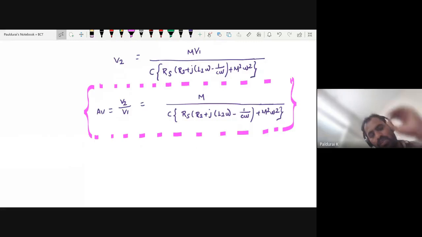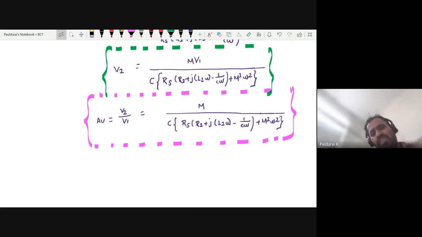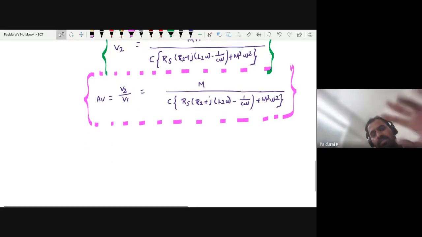Voltage gain is given by AV. Sometimes there may be a chance of asking the output voltage, so output voltage is given by this formula, V2. This is my output voltage. Divide the output voltage by the input voltage, it will give you the gain, that everyone knows. That's the thing, but two more interesting observations. Number one, at resonance, what will happen?